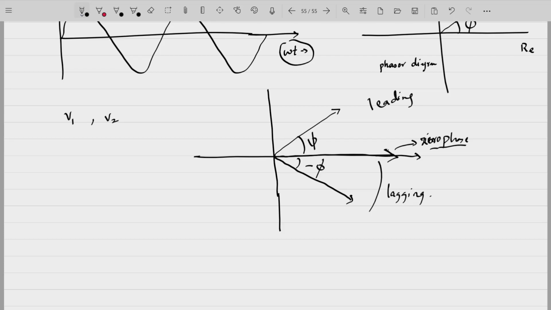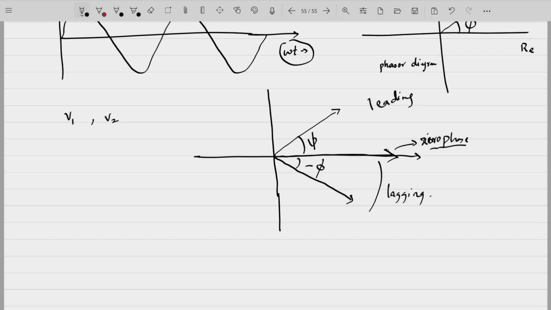All those vectors plotted in the fourth quadrant will be referred to as lagging vectors. All those along the x-axis direction will be referred to as having zero phase. So that completes the phasor representation.